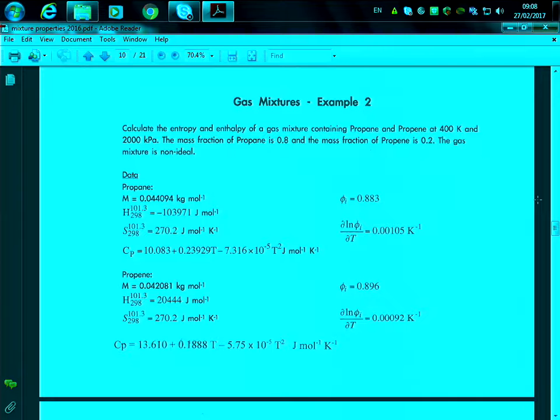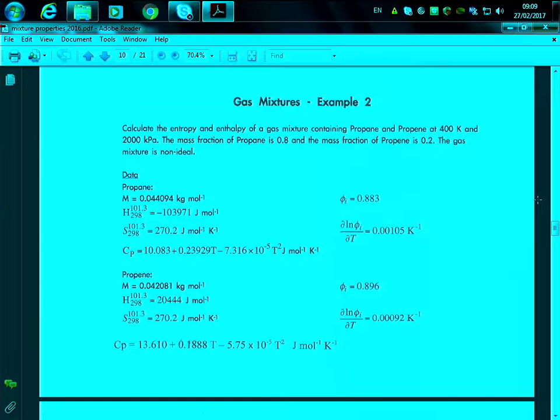So these were the two equations that we looked at last time. They are on slide number 4, and these are the general ones which can be applied to ideal and non-ideal solutions. Last time we saw an example of how to use these to calculate the entropy and enthalpy of a pure substance.